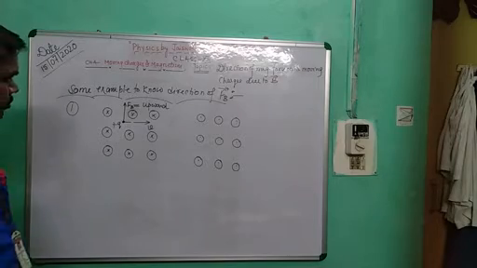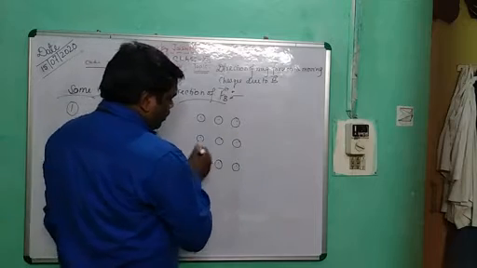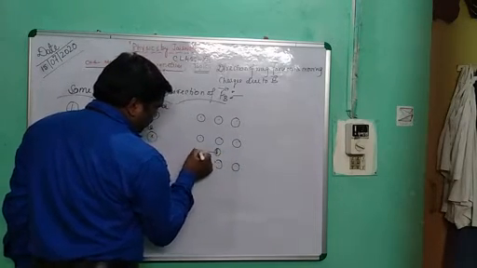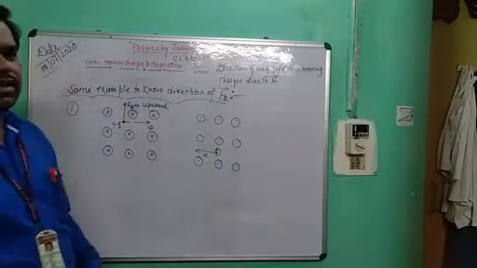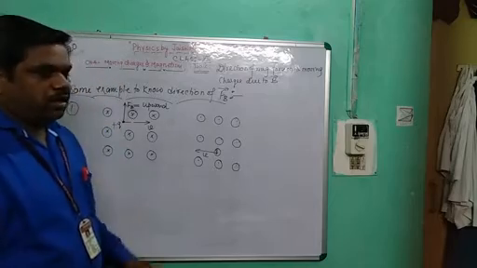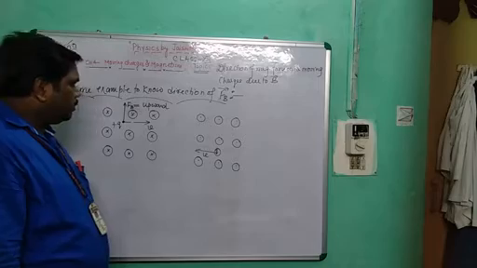Any problem? Well done. Suppose here also there is a uniform magnetic field and a positive charge Q moving in this direction. Now let us find out the direction of magnetic force experienced by this point charge. Again you have to apply Fleming's left hand rule.